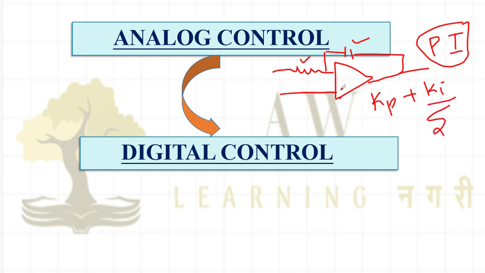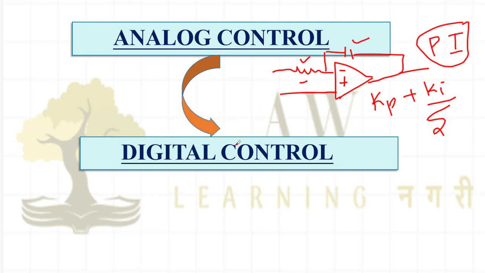And what is the drawback? Once I have formed this op amp circuit, I cannot change it further, because if I buy the resistance and the capacitance and take this particular KP plus KI by S, that is fixed. Now if I want to change my controller, I have to change the entire circuit. I have to change my resistance value and my capacitance value. This is the drawback in analog control.